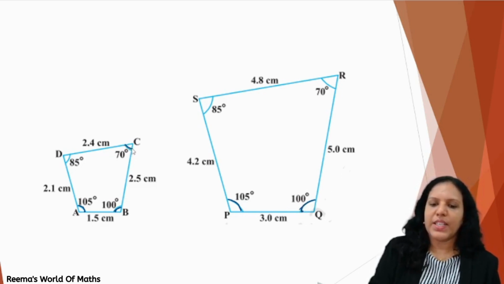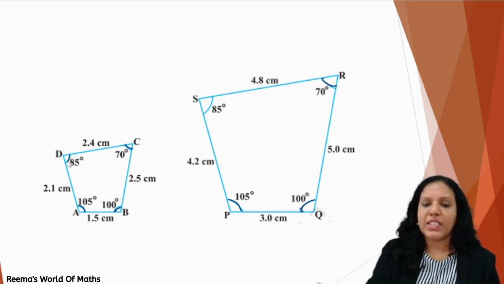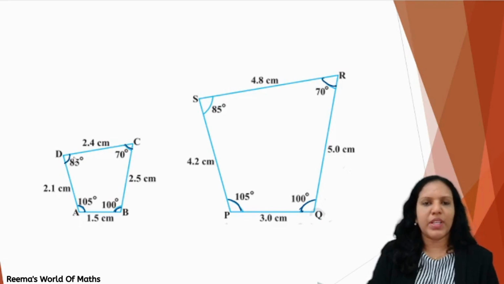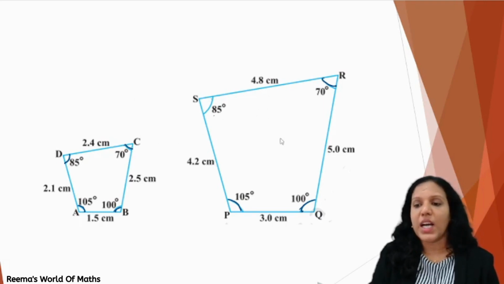Angle C is 70 degrees, and its corresponding angle R is also 70 degrees. Angle D is 85 degrees, and its corresponding angle S is also 85 degrees. So we have seen that all the corresponding angles are equal in measure.